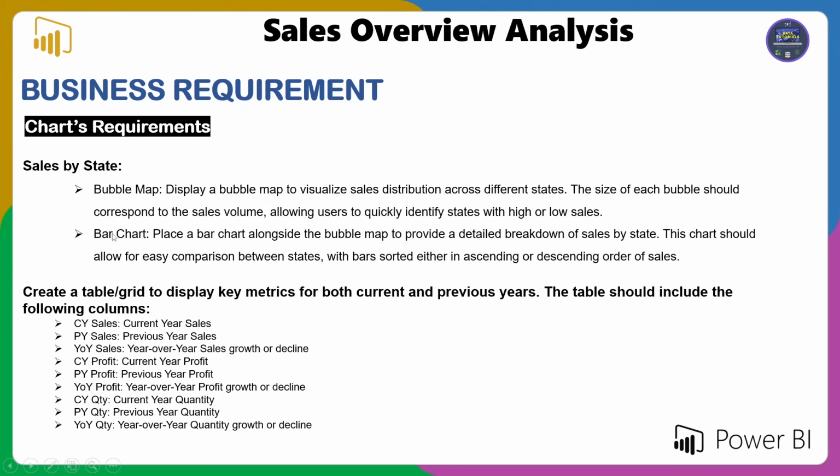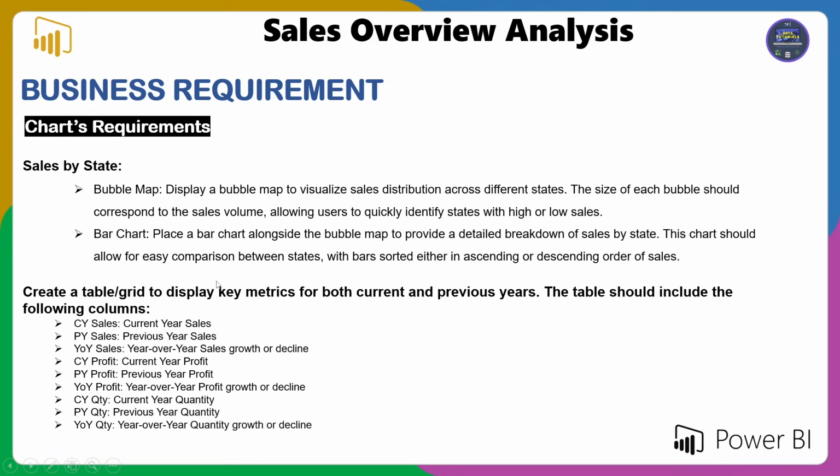And along with it, we have to create the bar chart as well, to provide a detailed breakdown of sales or profit or quantity by state, right? And it will allow us easy comparison between the states, so for which state, what regions we have, which particular region is the highest performing in sales, and all those things. Getting it? So this is what we are going to design in this entire video.